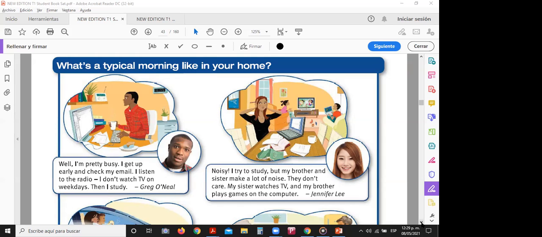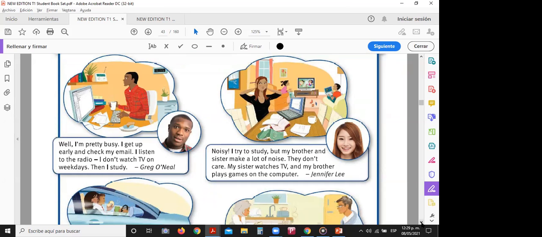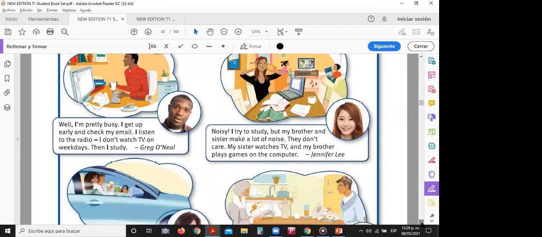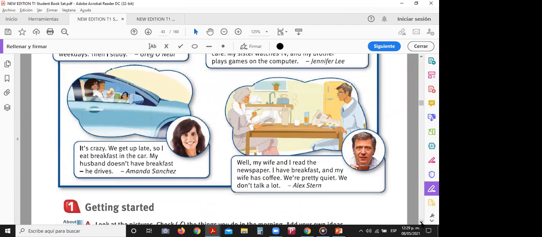My sister watches TV, and my brother plays games on the computer. It's crazy. We get up late, so I eat breakfast in the car. My husband doesn't have breakfast. He drives. Well, my wife and I read the newspaper. I have breakfast, and my wife has coffee. We're pretty quiet. We don't talk a lot.